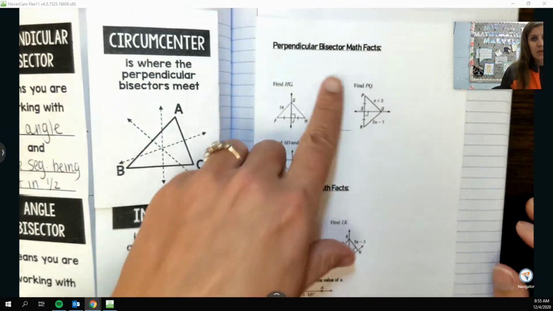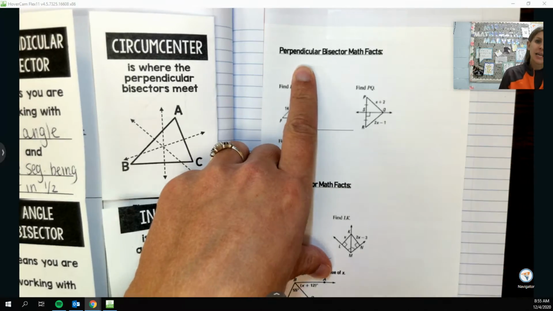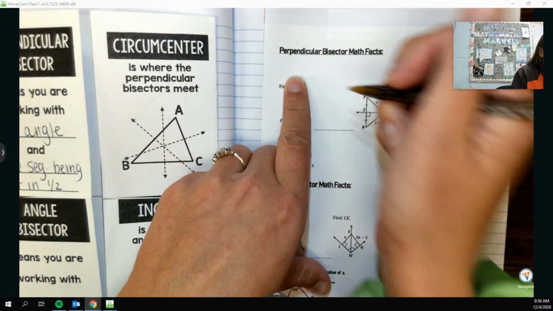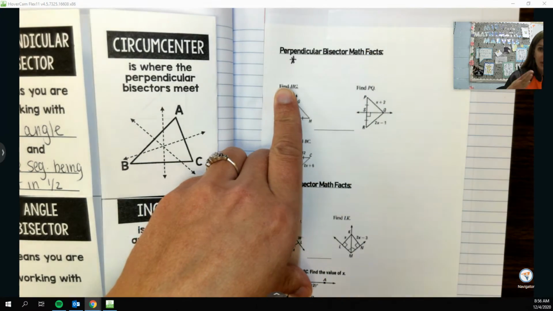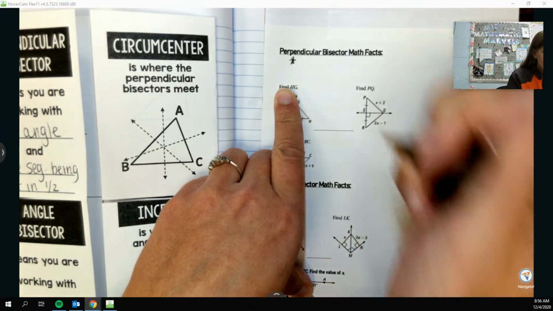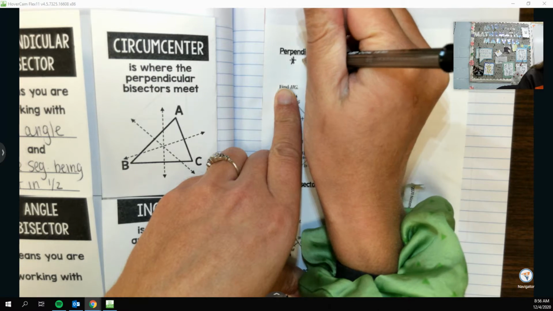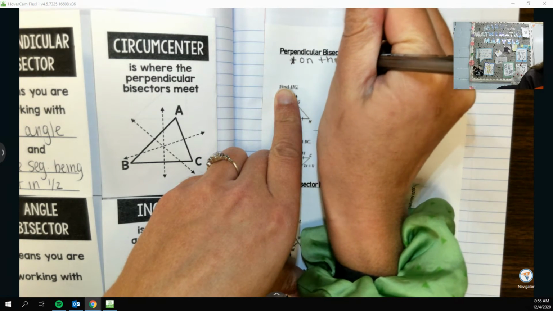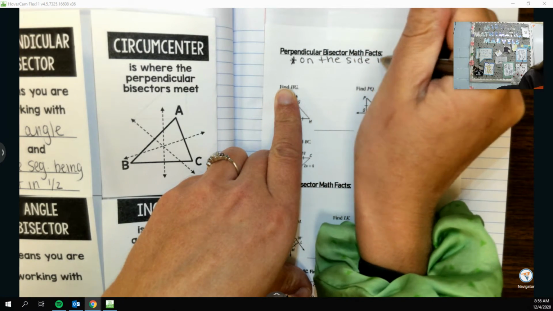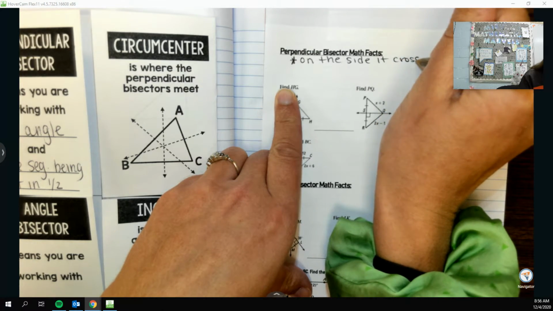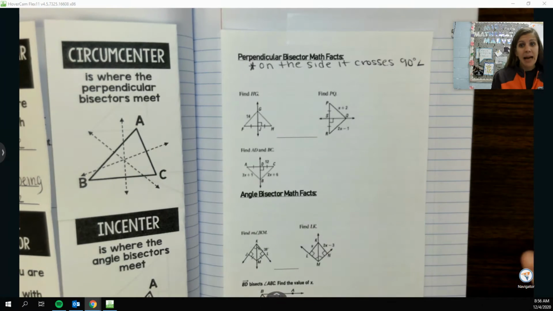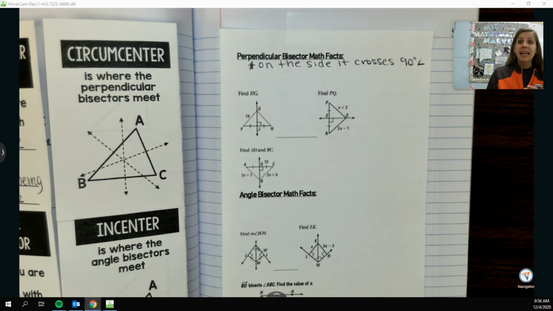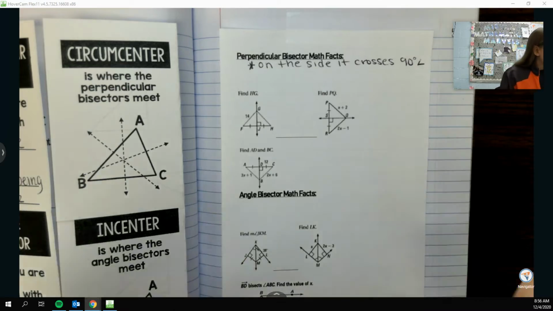So if we jump over here now, some perpendicular bisector math facts. Like we said, on the side that the perpendicular bisector touches, so on the side that it crosses, we get this 90-degree angle, which can be helpful and mathy because if I know that it's 90, I can set a little baby equation up to equal 90 and solve for x.